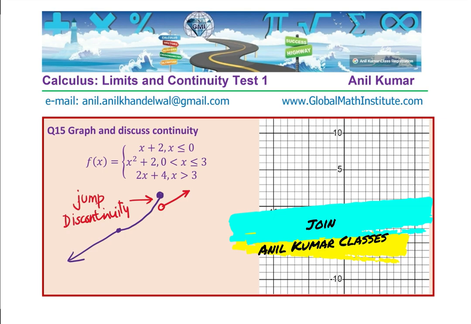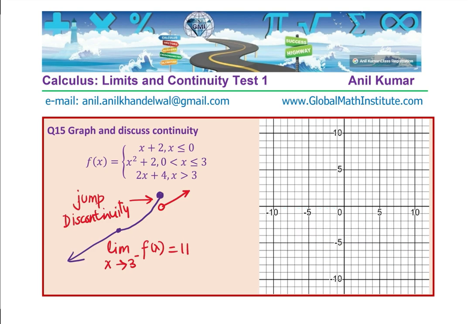As you can see here, the limit of this function as x approaches 3 from the left hand side is 11. However, the limit when x approaches 3 from the right hand side is 10.